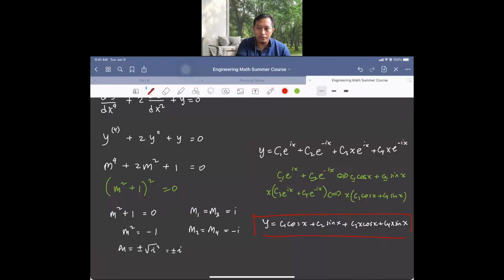Basically, you just need to rewrite it using the Euler formula, because this is when we have alpha is 0, right? And beta is 1.